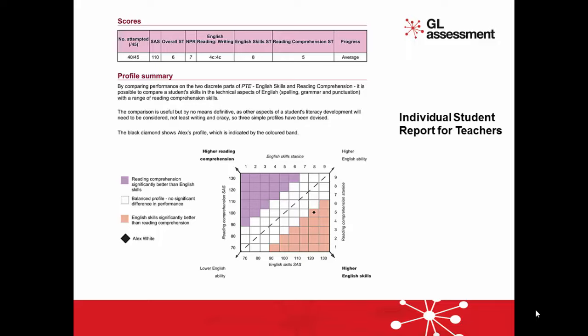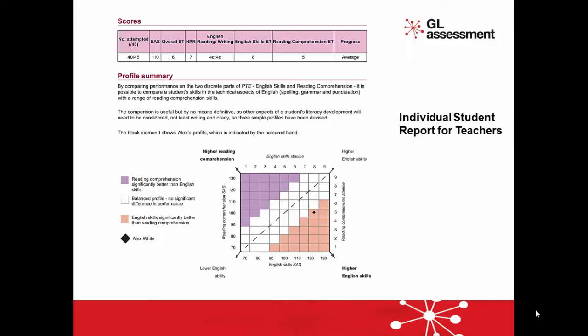Here's an individual student report for teachers, and we can see in the top table their particular scores within English skills and reading comprehension. They're shown as stanines. But also, if they have done the assessment in a previous year, we clearly show which progress category they fall into.